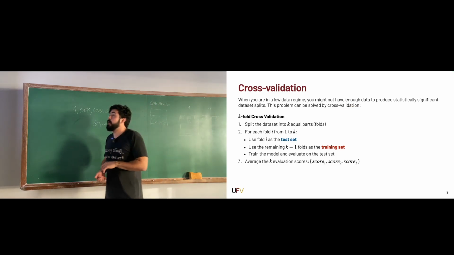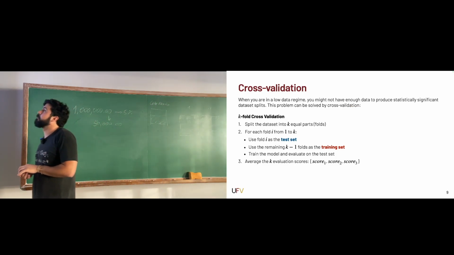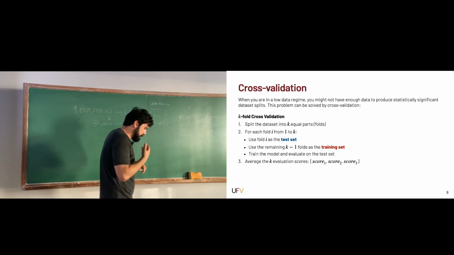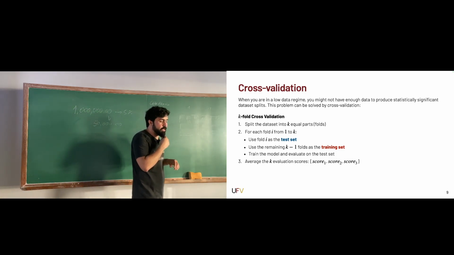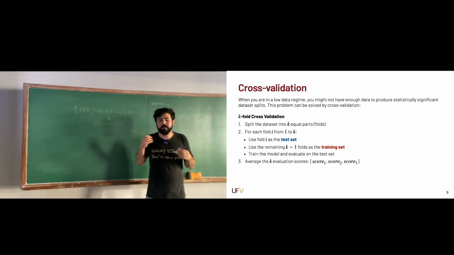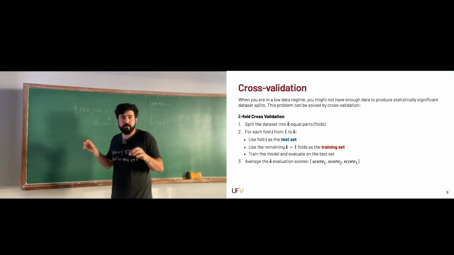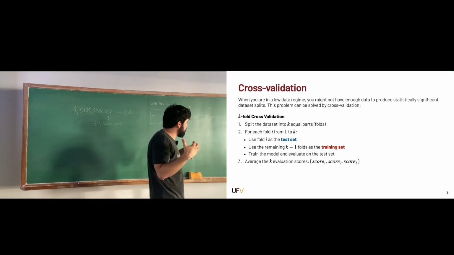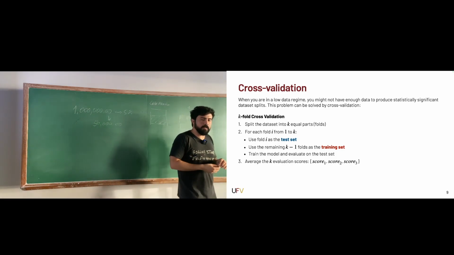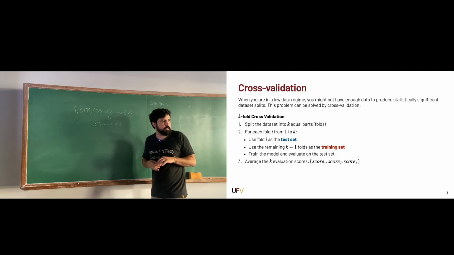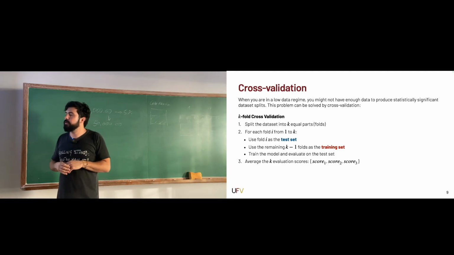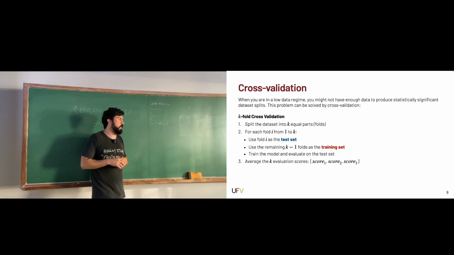Okay, here's another idea, and this idea is for splitting the data set. It is very useful when you are in a very low data regime, or when you have very few examples. Maybe you're working with medical images that are very expensive to capture, that need special machines, or you are in any domain where it's actually expensive to capture data.